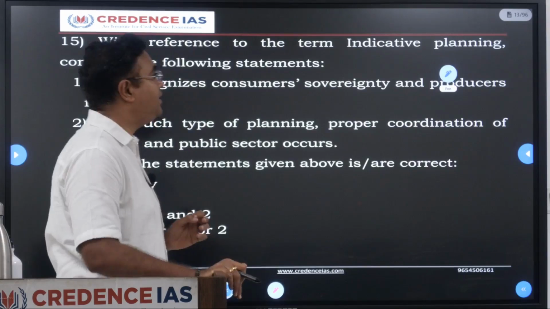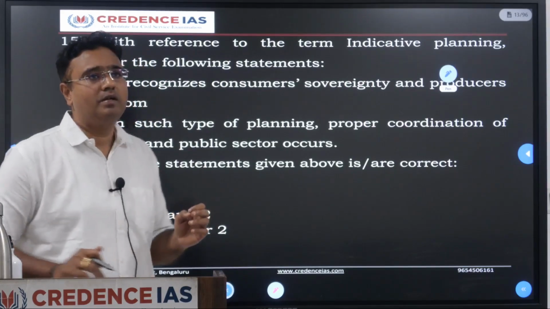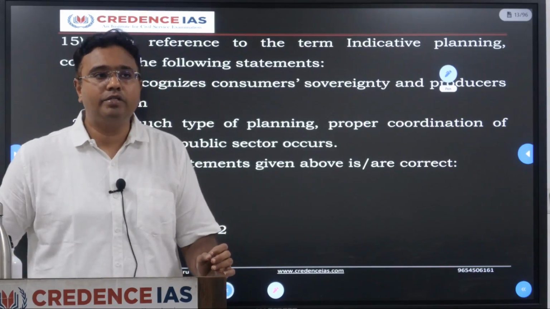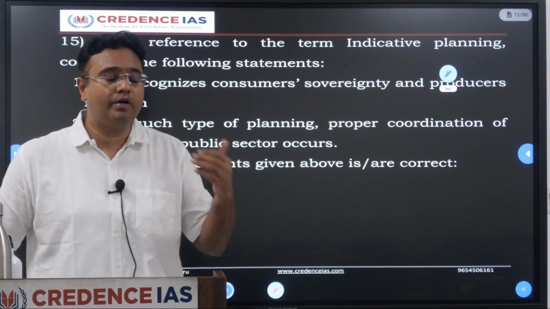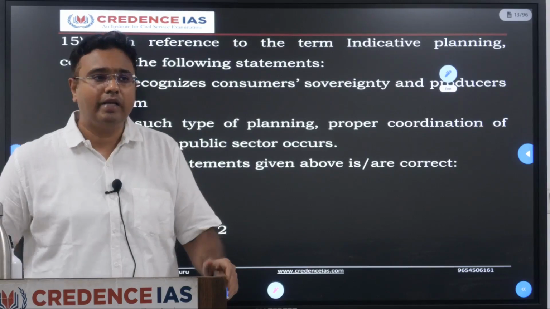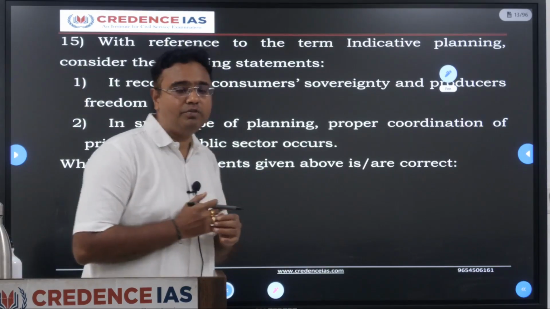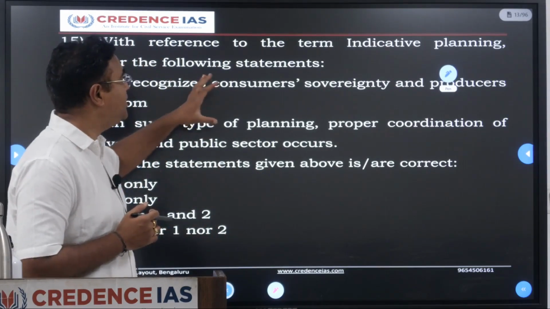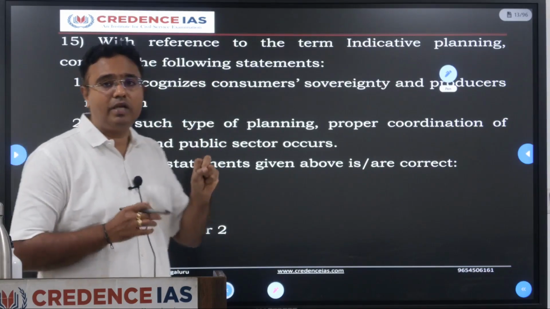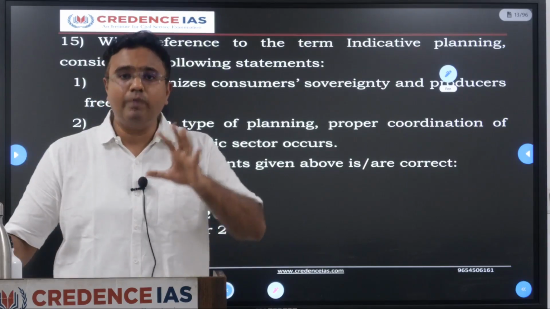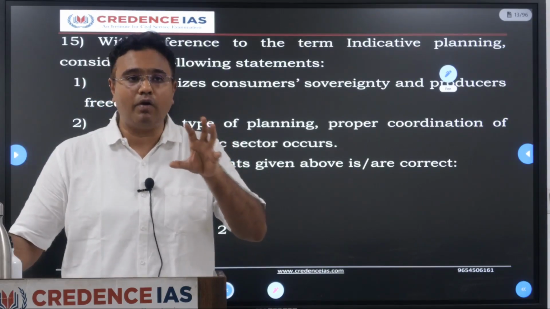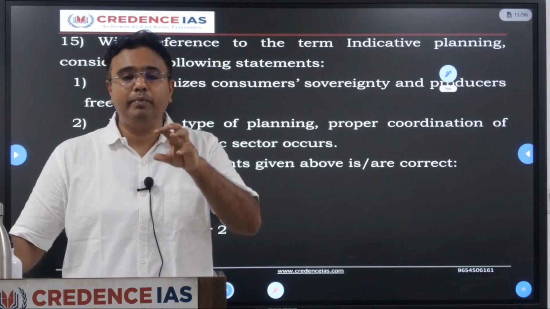So indicative planning. In India's planning scenario, indicative planning has majorly started with the 1992 LPG reforms. After the LPG reforms, this indicative planning gives the overall framework for the plan implementation.